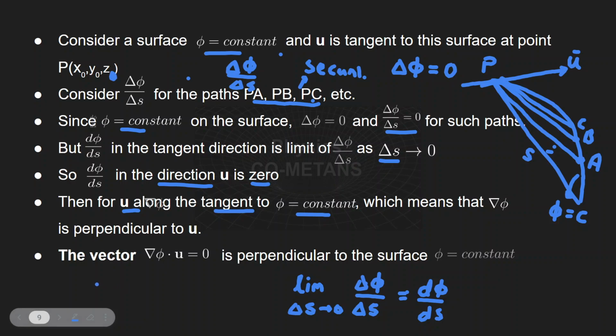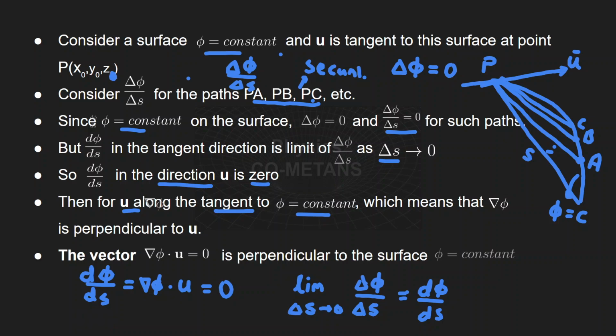We have seen just a few minutes back that the directional derivative d phi by ds can be written as the gradient of that scalar field dotted with u. But d phi by ds is 0. So d phi by ds is 0 means this gradient of phi dotted with u is 0.